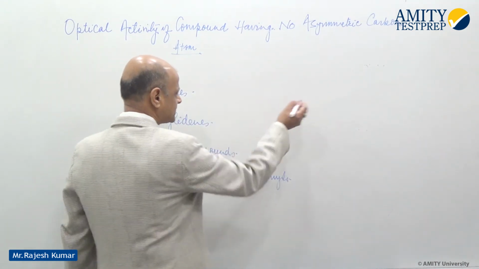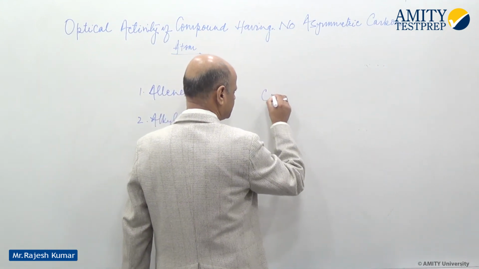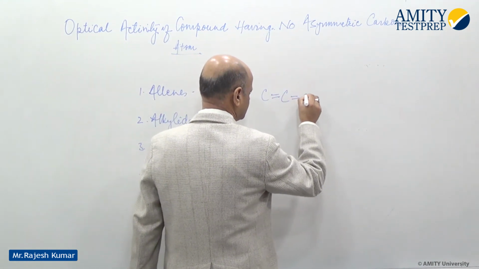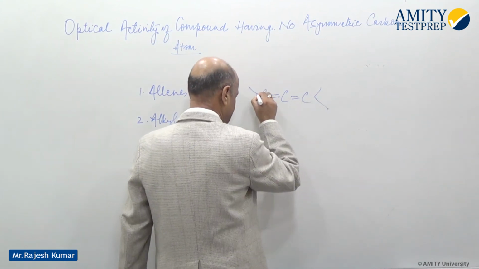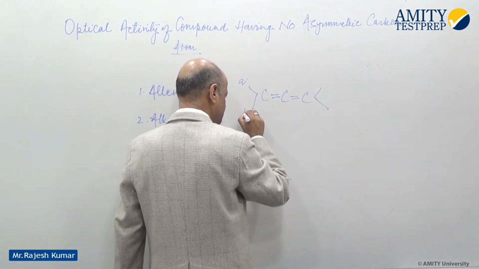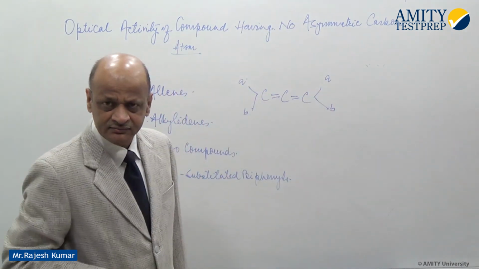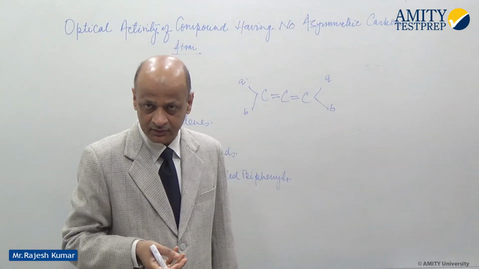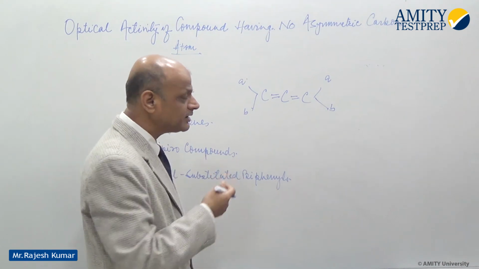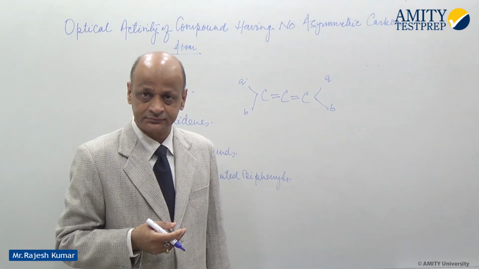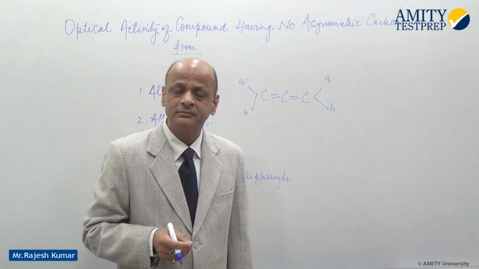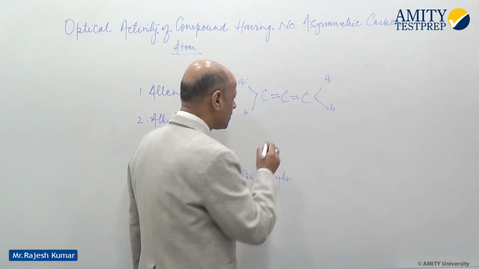In case of alkenes, take here the example. This is an alkene having cumulative double bonds in the molecule. This alkene is optically active. Always remember, this is optically active.